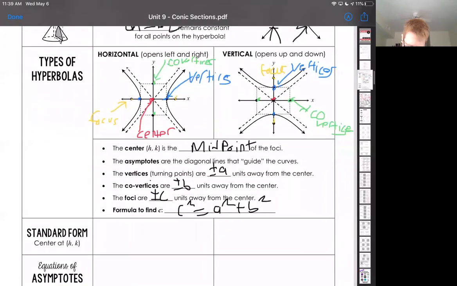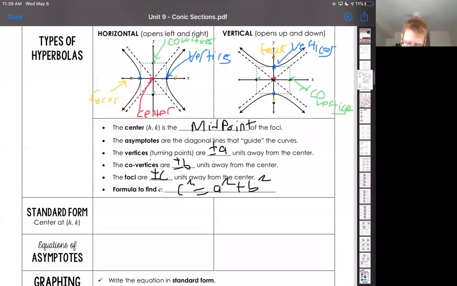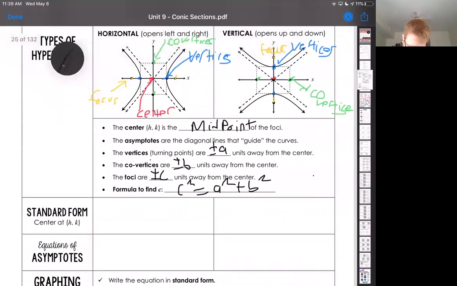We're going to have two formulas, one for our horizontal hyperbola and one for our vertical hyperbola. For this first formula, I'm going to put a little h here. This is going to be our horizontal, and this is going to be our vertical formula.